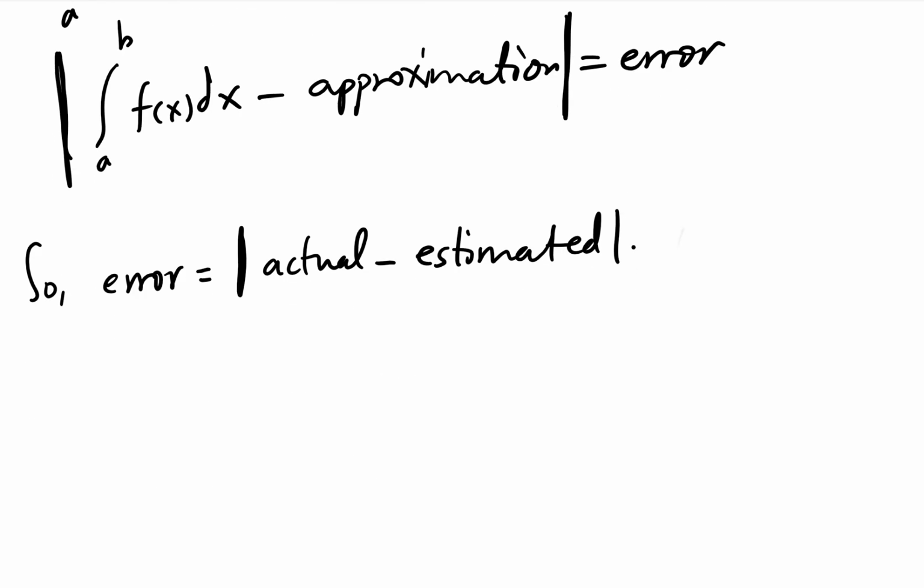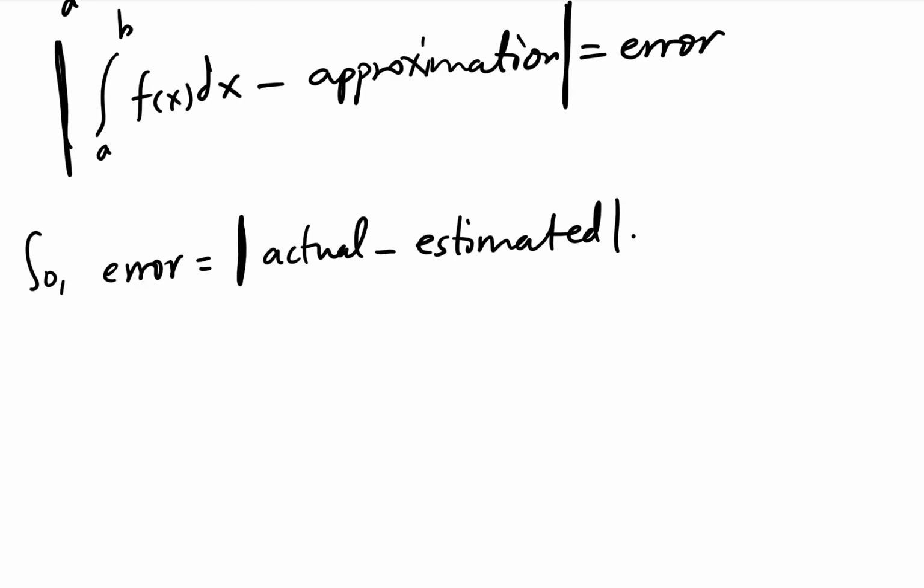So now I'm going to apply it to everything we found in this example. The first one was to find the error for Rn, the Riemann sum.